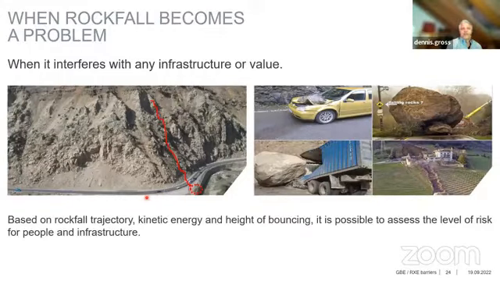That means to get an idea of what is the energy of the rockfall and what is the bouncing height along a trajectory, especially at the selected barrier solution, because the bouncing height and the kinetic energy at this very point, for example, will determine the choice of which barrier we can propose to address the problem.